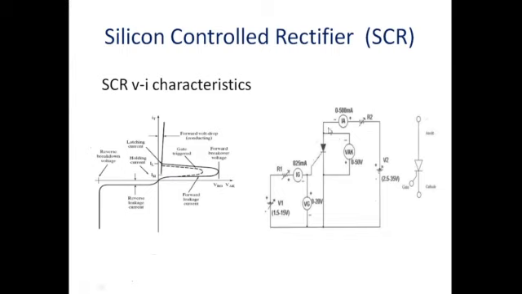So the voltage across anode to cathode is exactly 5 volts. Assume that 0 current is flowing, so 0 voltage drop across this resistance. So whatever voltage you are applying here is exactly applied across the SCR. So 5 volts is available across the SCR.